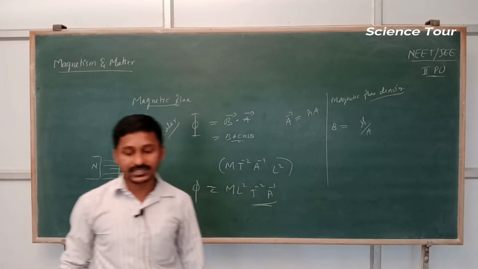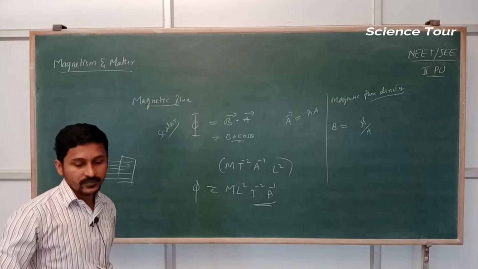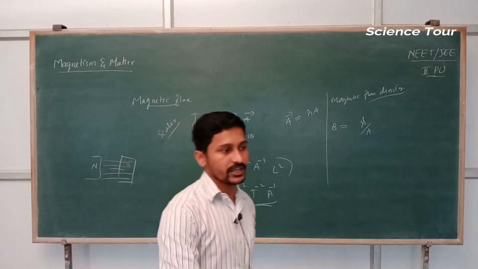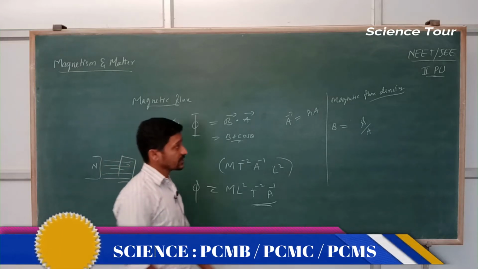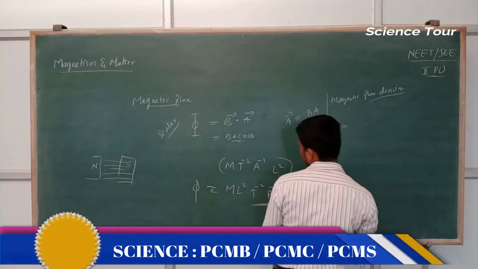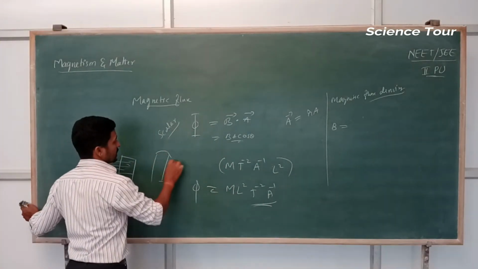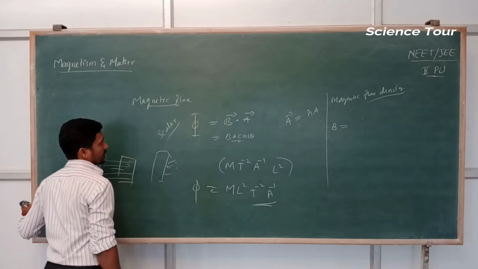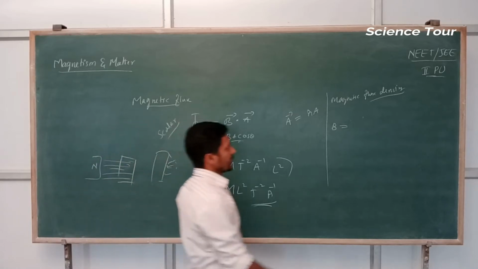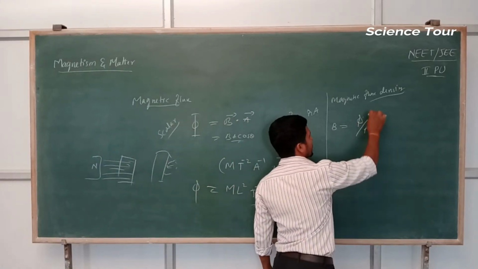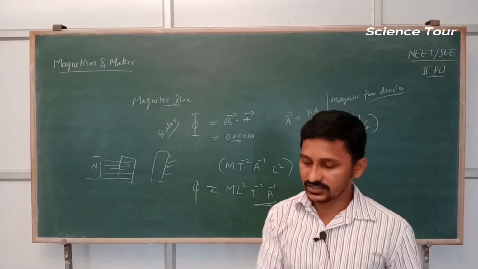So magnetic flux density is the number of field lines, or flux lines, passing per unit area of cross section. For example, if 10 lines are passing perpendicular through an area, then 10 lines per area becomes the magnetic flux density.